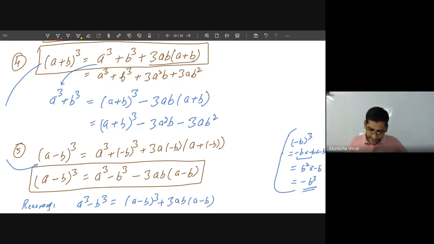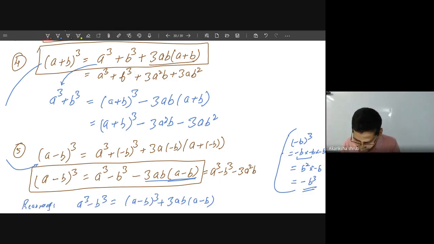Okay. Many a time a student wants to remove the bracket a minus b as the product of 3ab in this term. You can replace this a minus b, or you can remove this. How? Just go by multiplying. So many a time it is also written as a cube minus b cube minus 3ab into a. So it becomes minus 3a square b.